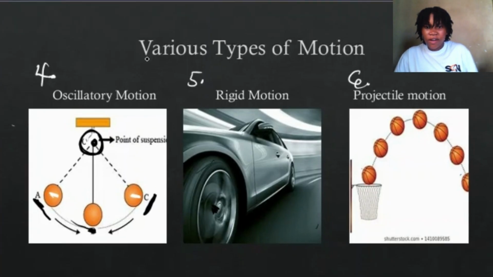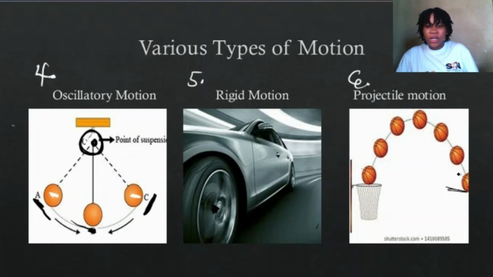Let's take another form, which is the projectile motion. With projectile motion, the body is thrown into space at an angle. So let's take this basketball. This is its initial position and this is its final position. But it doesn't just come here at once, it's thrown at an angle.